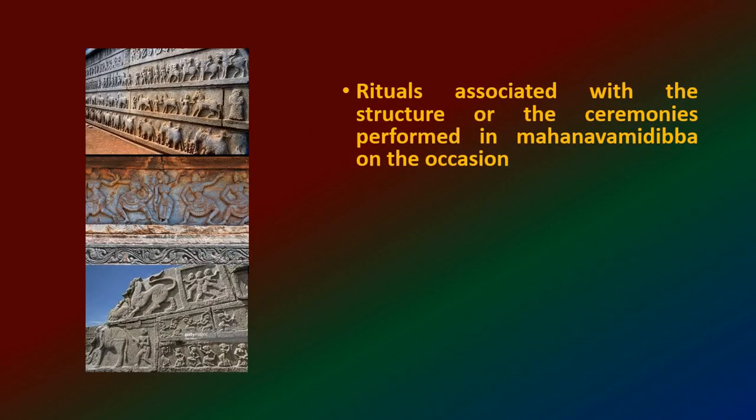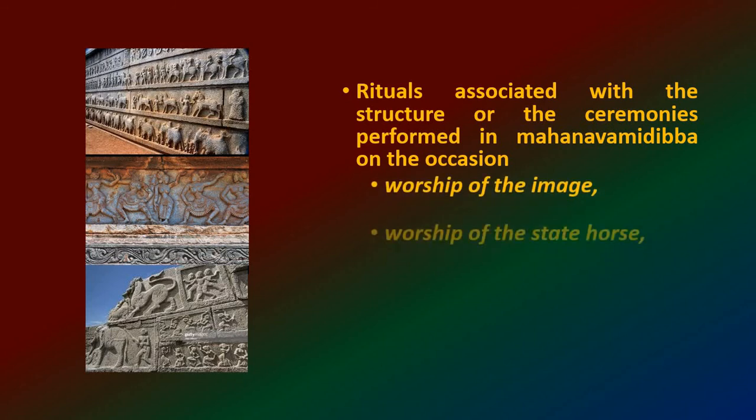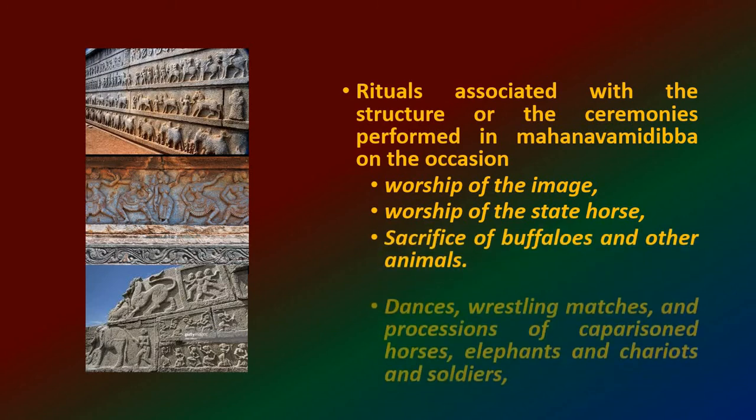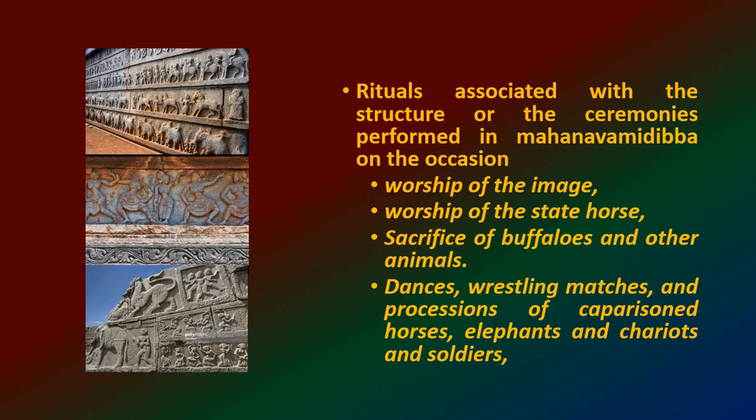Rituals associated with the structure include the ceremonies performed in Mahanavami Dibba on the occasion of worship of the image, worship of the state horse, sacrifice of buffaloes and other animals, dances, wrestling matches, and processions of caparisoned horses, elephants, chariots, and soldiers.